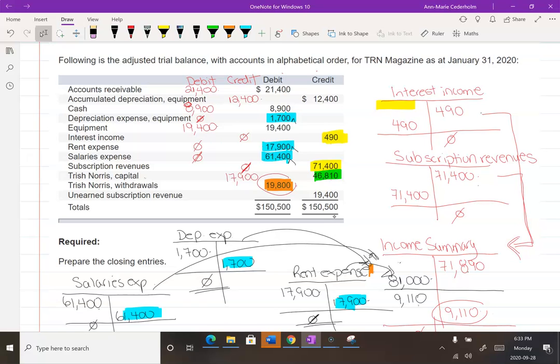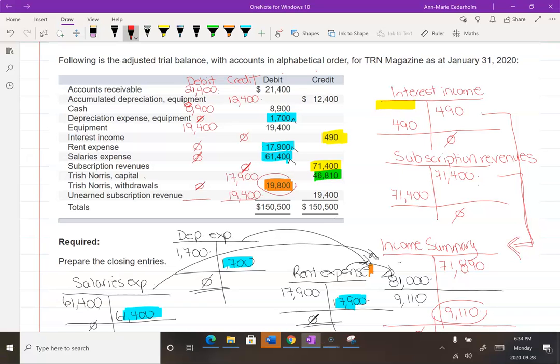Now my withdrawals were a temporary account, so that's 0. And my unearned subscription revenue, remember that's a liability, so that balance doesn't change either. So that's 19,400. So I'm just going to re-add up my debits and credits, and hopefully they balance.